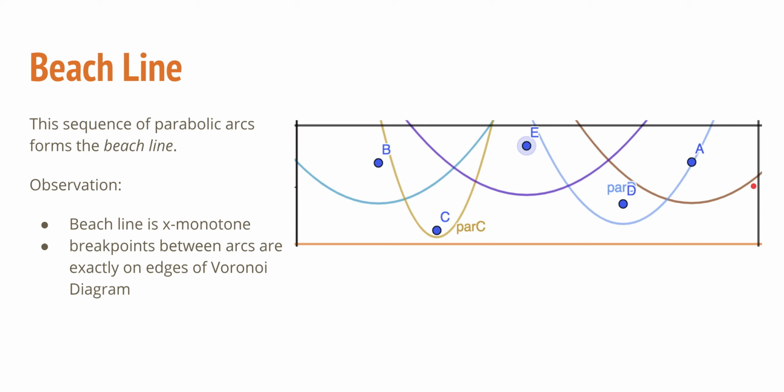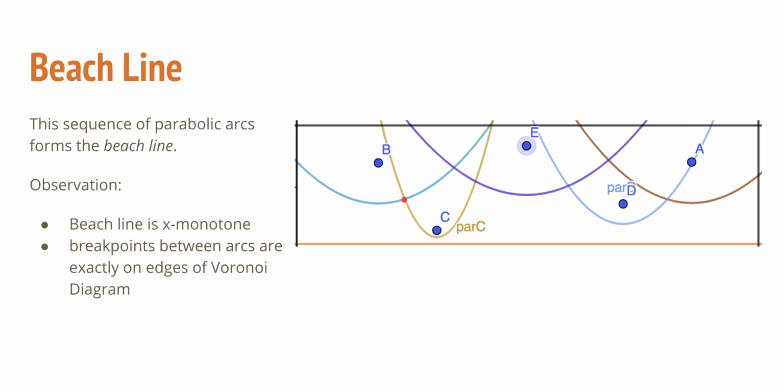How does it happen exactly? This happens because when you look at this breakpoint, for example, between point B and C, you can see that this point is equally distant to B and the sweep line, and at the same time, it's equally distant to the sweep line and C, which means it's equally distant between B and C, which leads us to the final conclusion that this point is equally distant from those two points, which is exactly the definition of the Voronoi edge.